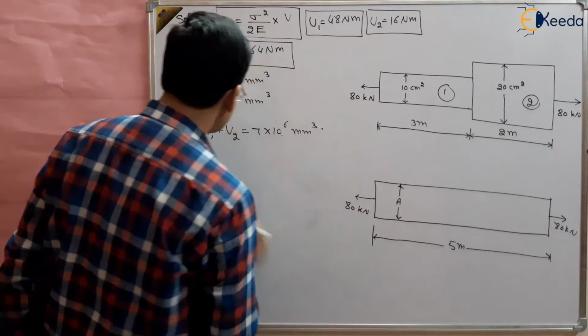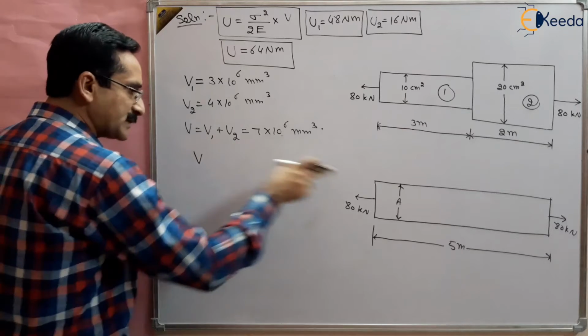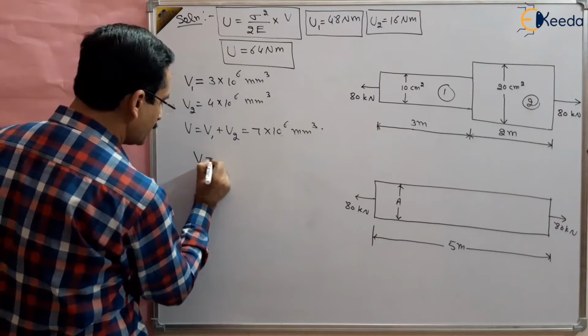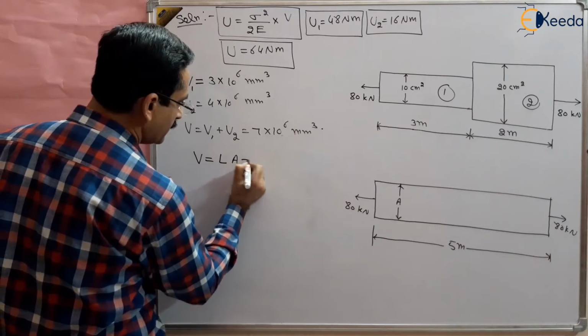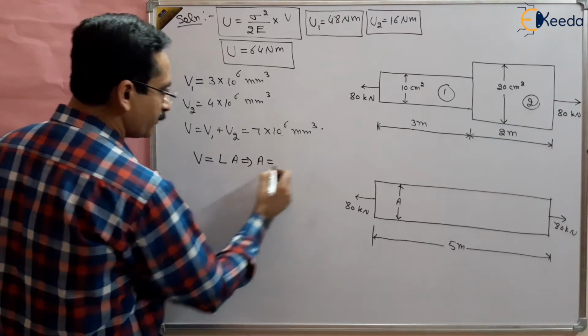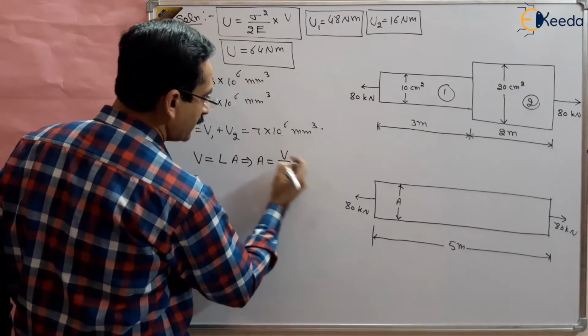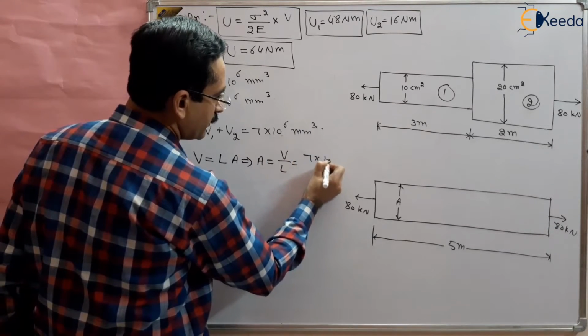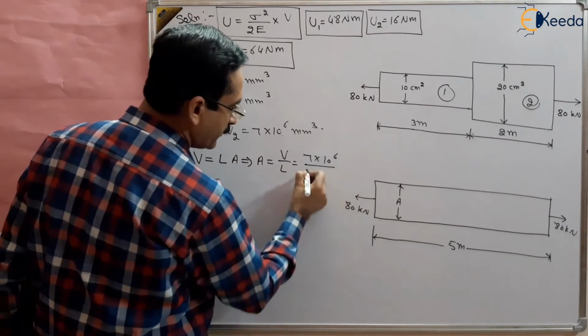This is the volume, right? And length is 5 meters, and volume remains the same. So volume is equal to length multiplied by area. So cross-section area is V by L, that will be equal to 7 into 10 power 6 by L, length is 5 meters.